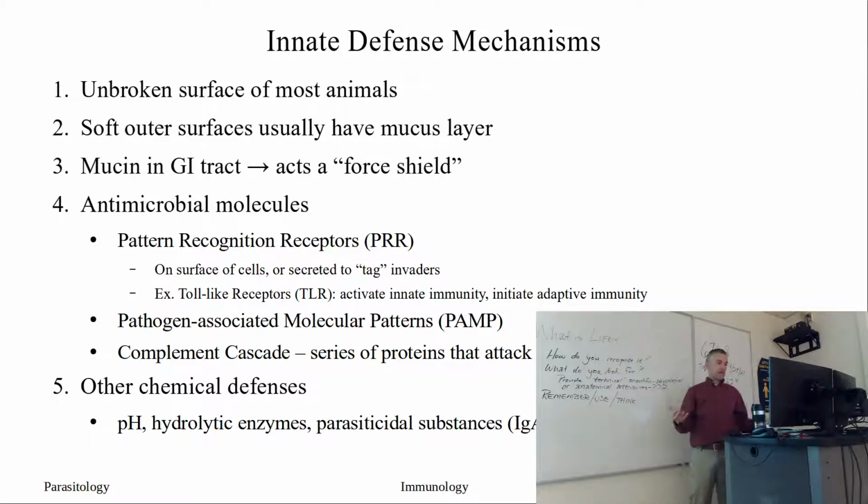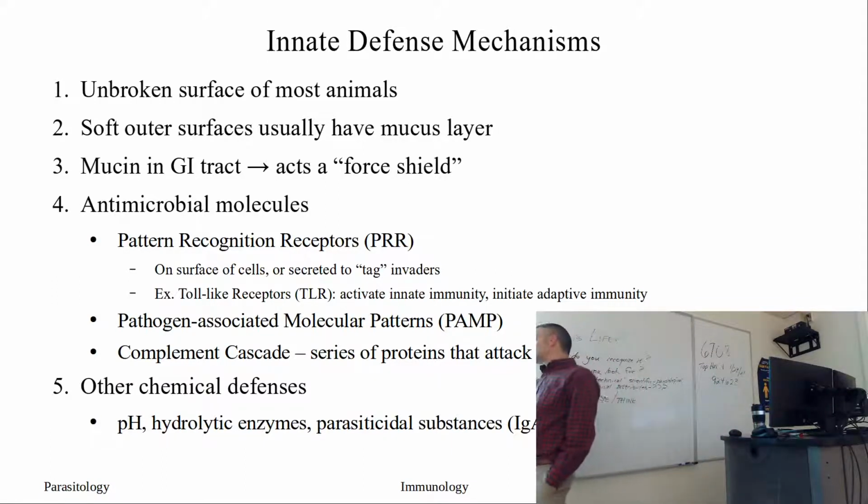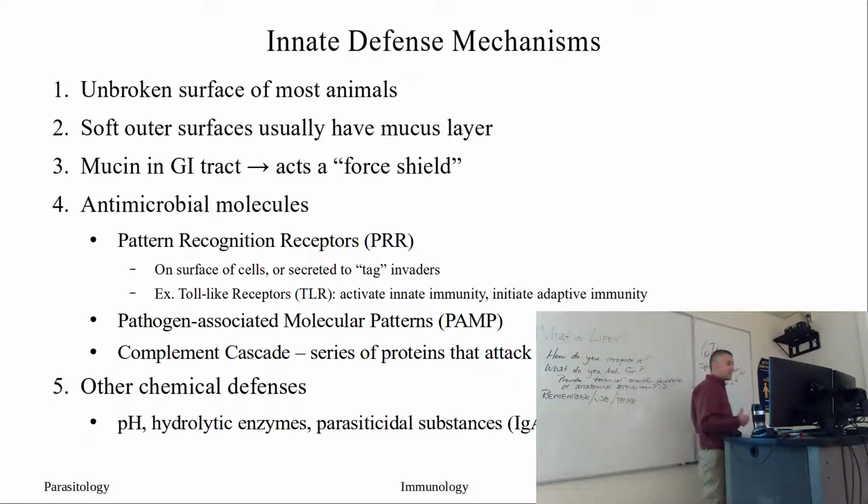And then we also have other chemical defenses like pH, hydrolytic enzymes, antiparasitic substances, so immunoglobulin A and lysozymes. Those are important innate immune defenses that'll help stop the parasite.